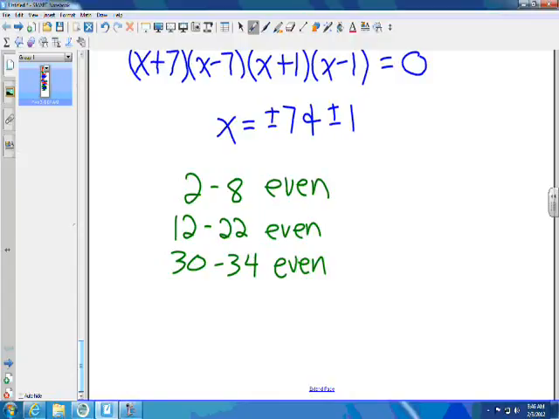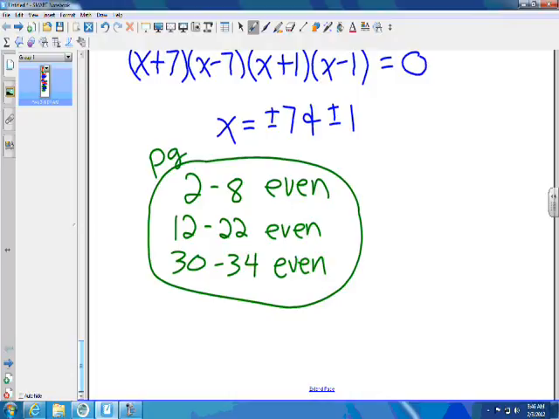That'll be good. And that is on page 353. Again, this assignment and the 6-5 assignment from last time will be due on Wednesday.